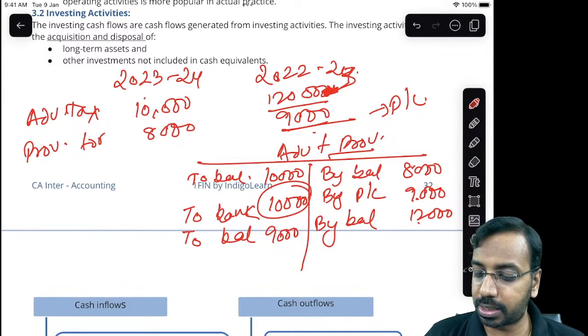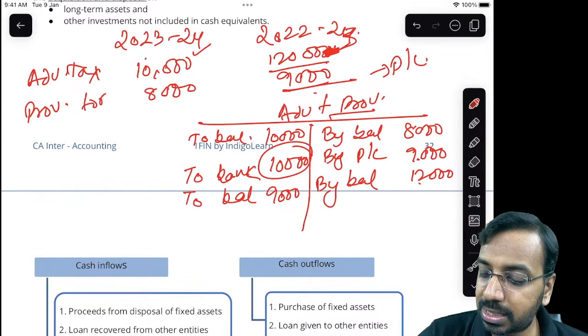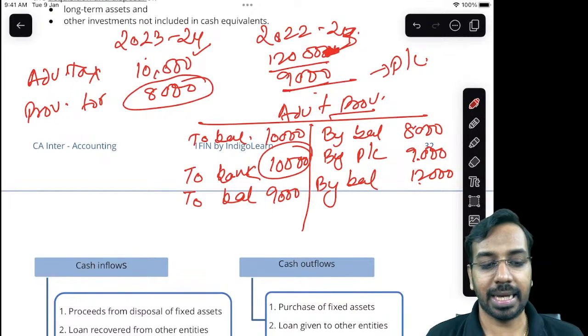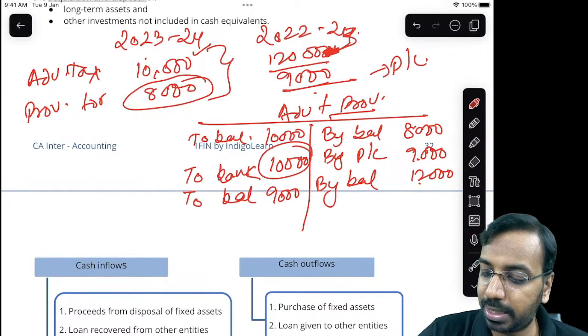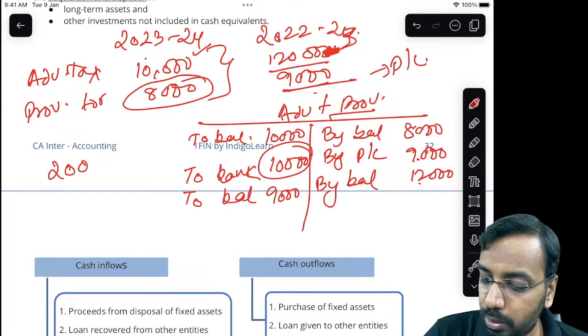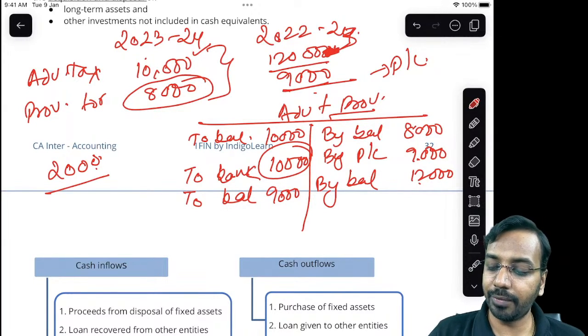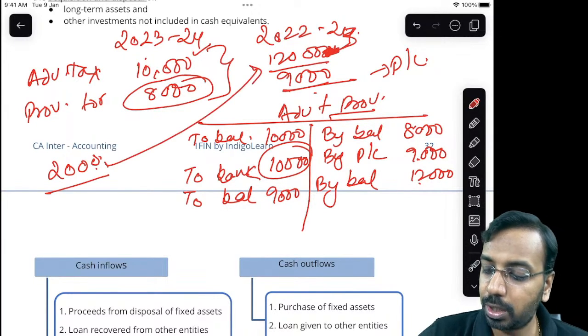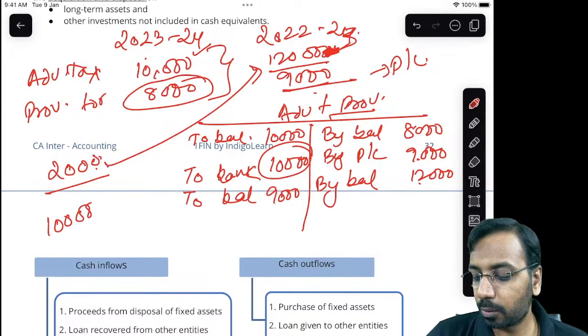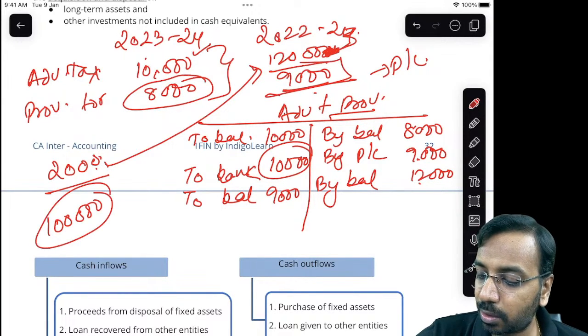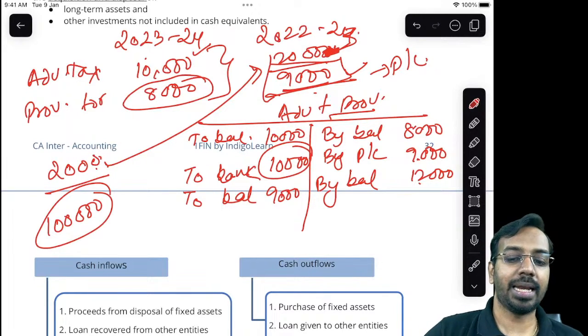Now the other way to do this: opening advance tax is 10,000, provision for tax is 8,000 for example. If you net it off, you have 2,000. This 2,000 became 12,000, which means 10,000 we have paid. So where did we get this 9,000 from? This 9,000 is anyways an expense.